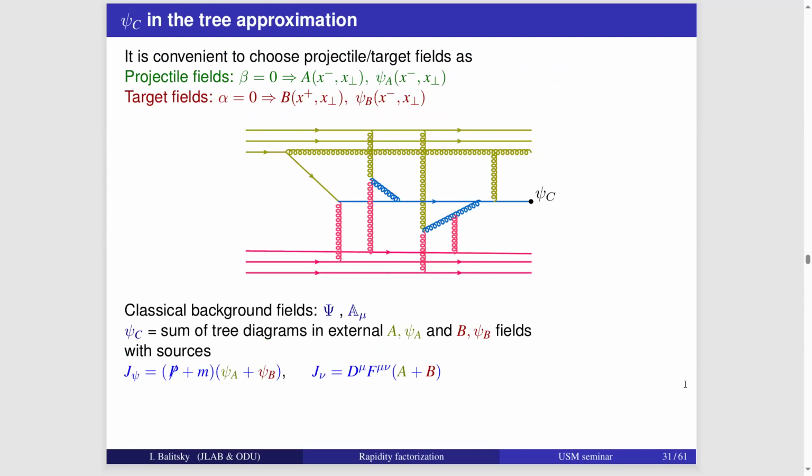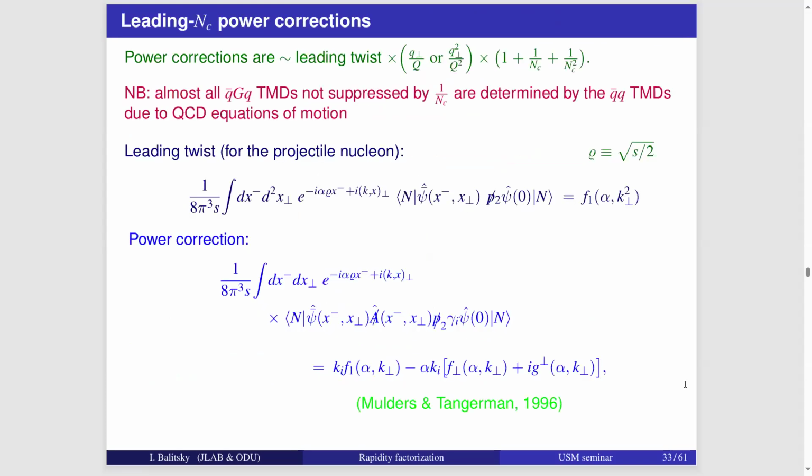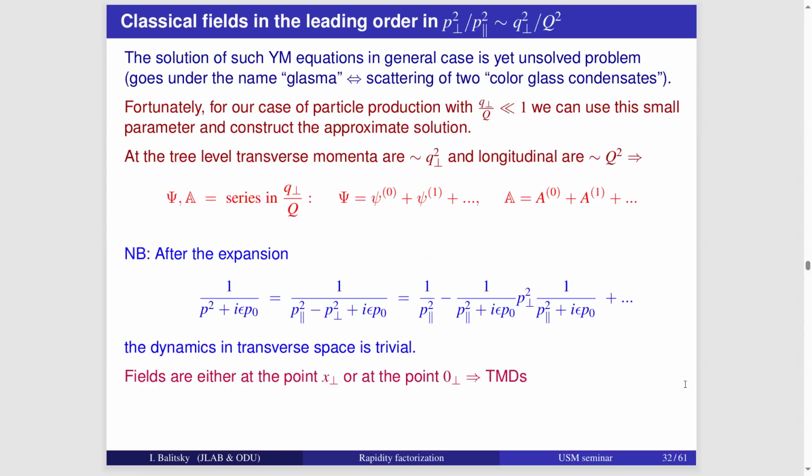It turns out that the propagator is a retarded propagator for a specific reason which I don't want to mention right now. But because of this parameter, you can expand the propagator in the ratio of transverse momentum to longitudinal momentum.